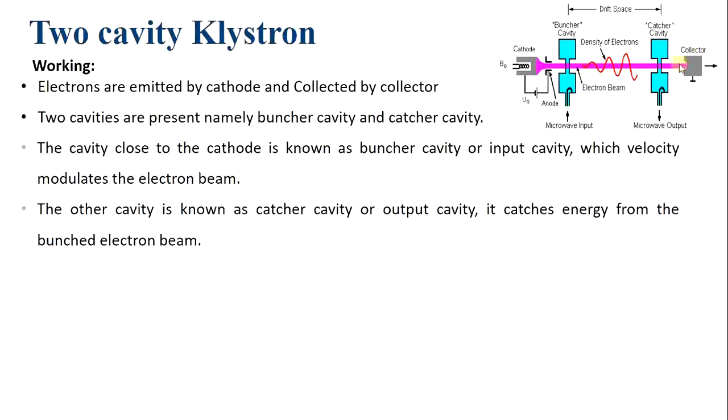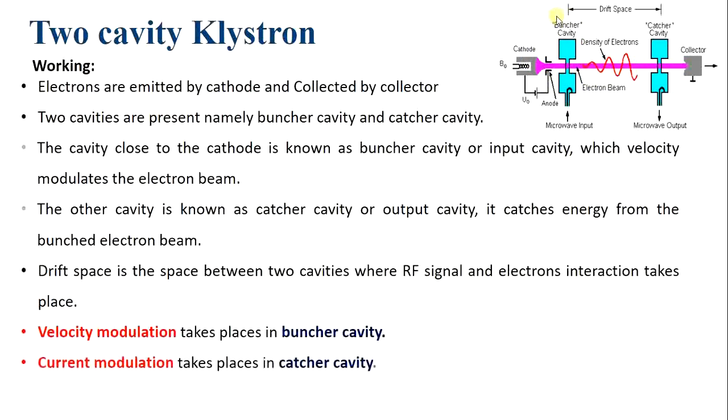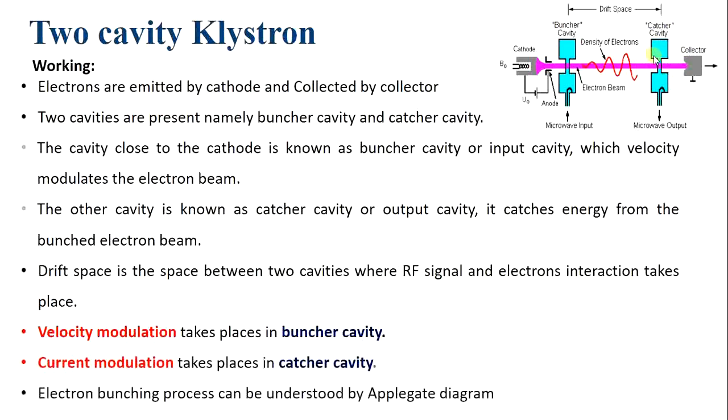The other cavity is the catcher cavity or the output cavity. It catches the energy from the bunched electron beam. The drift space is the space between the two cavities where the RF signal and electron interaction takes place. Velocity modulation takes place at the buncher cavity, while the current modulation takes place at the catcher cavity.